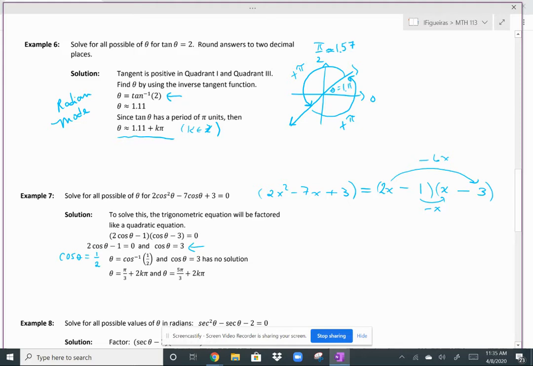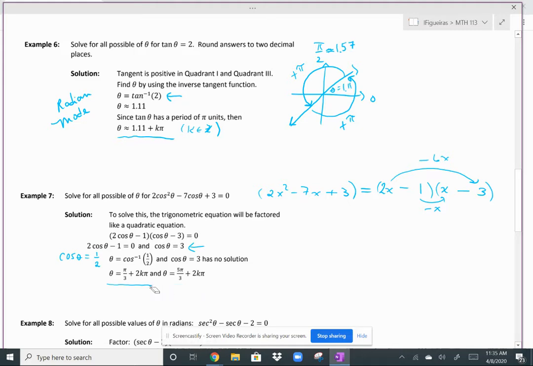And that's in quadrant 1, which is good because cosine is positive in quadrant 1 and in quadrant 4. So in quadrant 1, you get this result, pi over 3 plus 2k pi, or 2 pi k, which means the same thing. That means that you keep going around and around and end up in quadrant 1. And in quadrant 4, that's just 5 pi over 3 plus 2k pi.